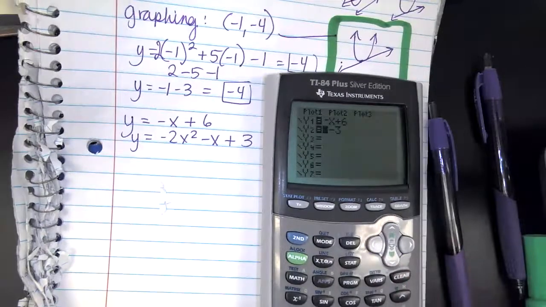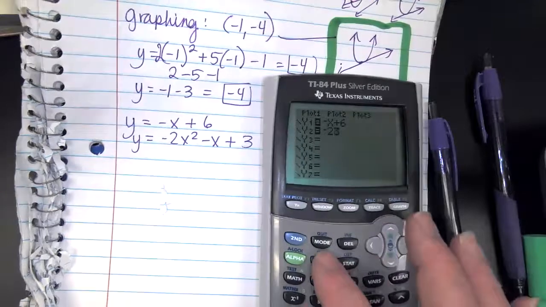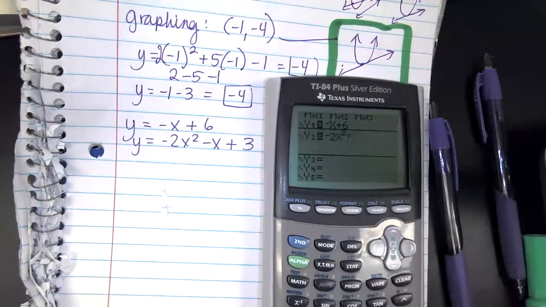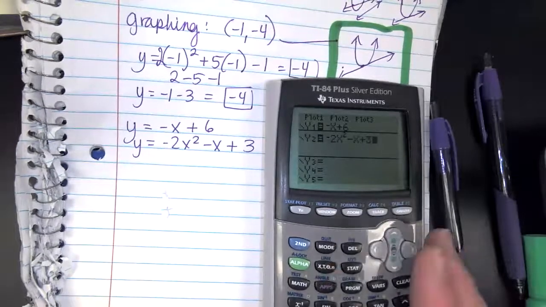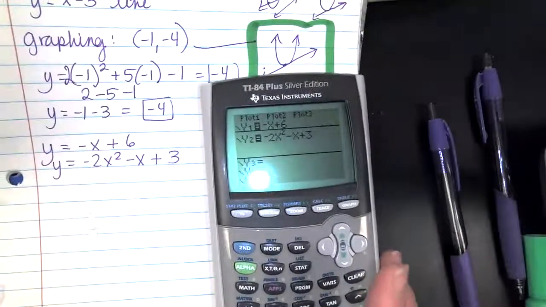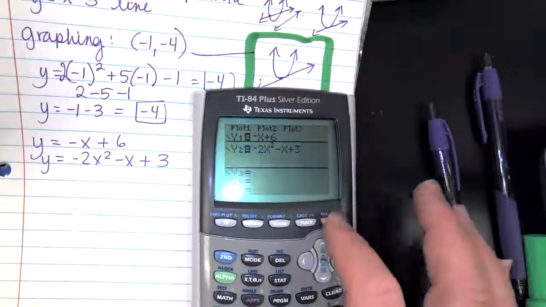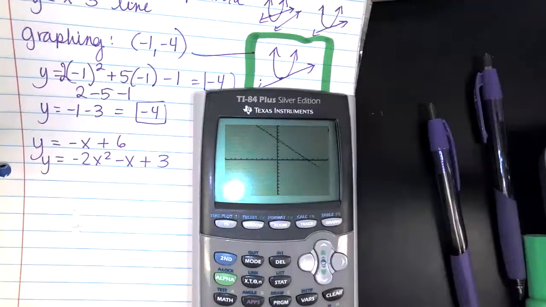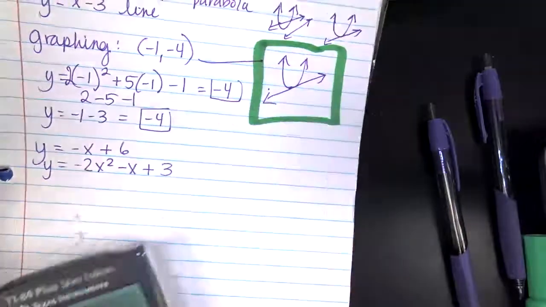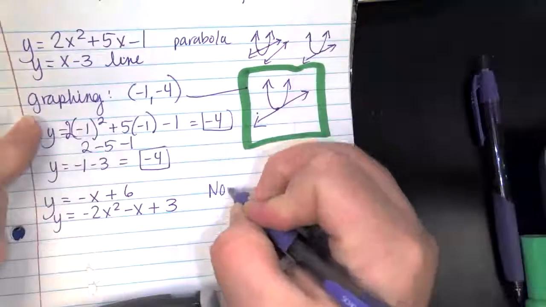This one's going to be -2x squared minus x plus 3. Got it all in? Let's hit graph. There's my line. Do they intersect? No. Oh well, that's easy. No solution.